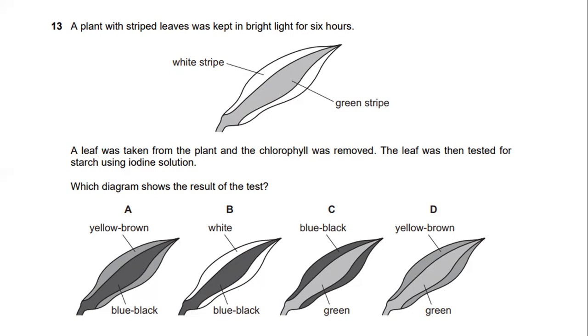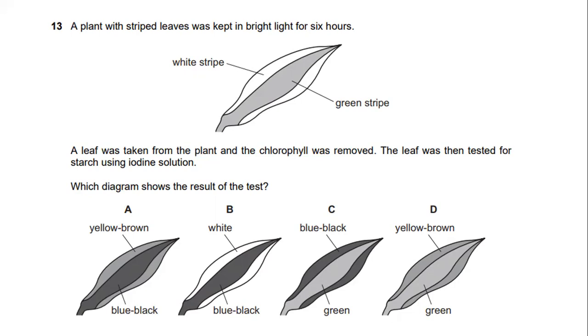If you see the adaptation of the leaf for photosynthesis, the chloroplast containing chlorophyll present in the mesophyll layer absorbs energy from sunlight so that carbon dioxide will combine with water. Chlorophyll itself is the pigment which makes plants look green. So if the chlorophyll is removed, the leaf cannot remain green. It will turn brown.